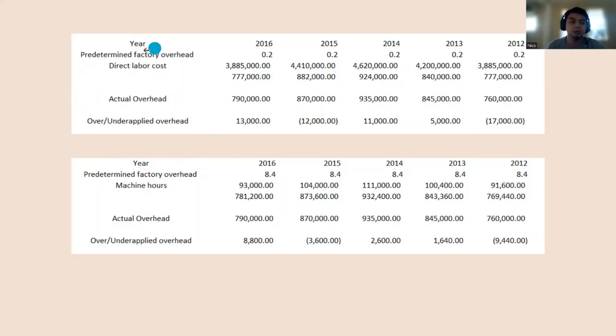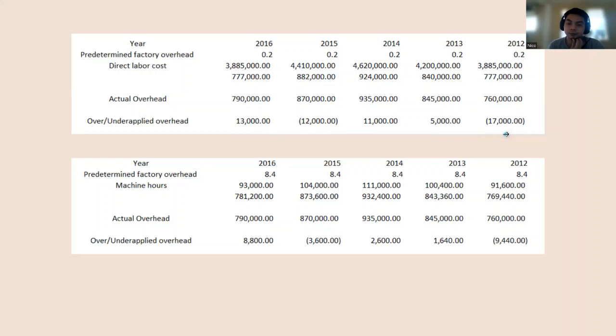First, for the direct labor cost, we multiply the value per year by our predetermined rate of 0.2, and we have here the values. We then subtract the actual overhead for that year, and we have the over or under-applied overhead per year for direct labor cost.